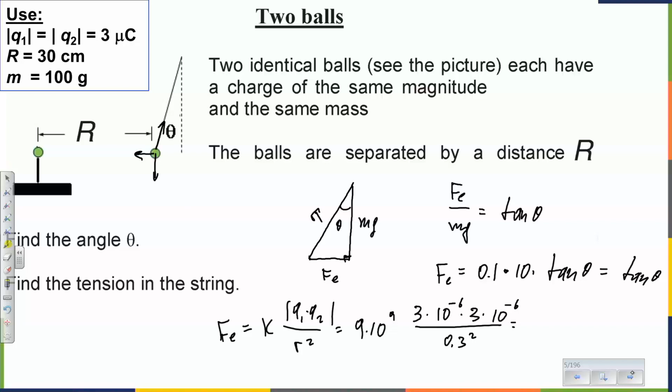So what does it give me? 9 times 9 divided by 0.09 times 10 to the -12, so -3.